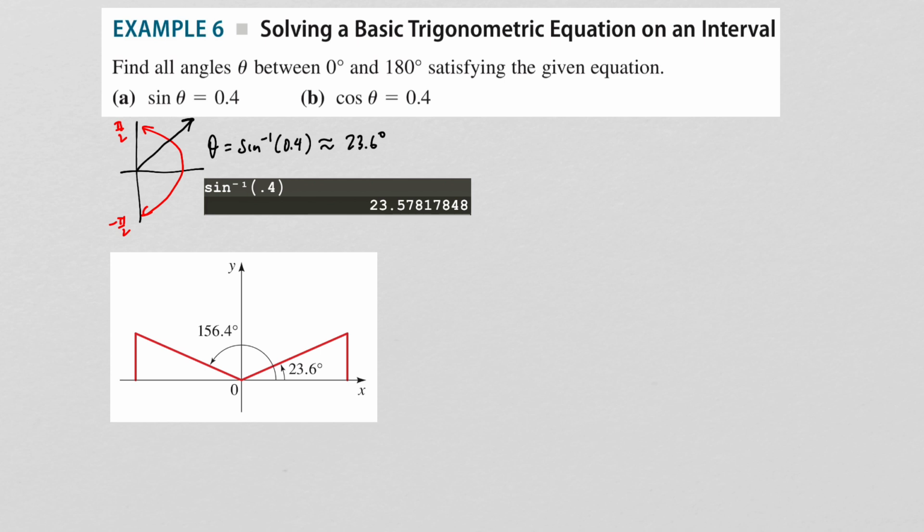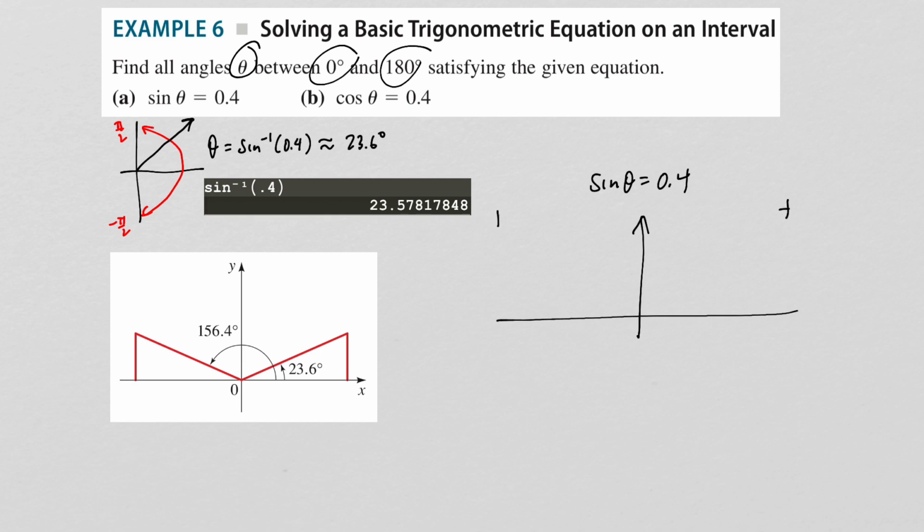Now, we're looking for all angles theta between 0 and 180 that satisfy the fact that sine of theta is equal to 0.4. Now, let's keep in mind that when you're talking about the sine function, sine is positive in the first quadrant, and it's also positive in the second quadrant. So if one possibility for this is the angle 23.6 degrees, like we solved for here, then the other possibility is going to be the angle in the second quadrant that has the same reference angle of 23.6 degrees.